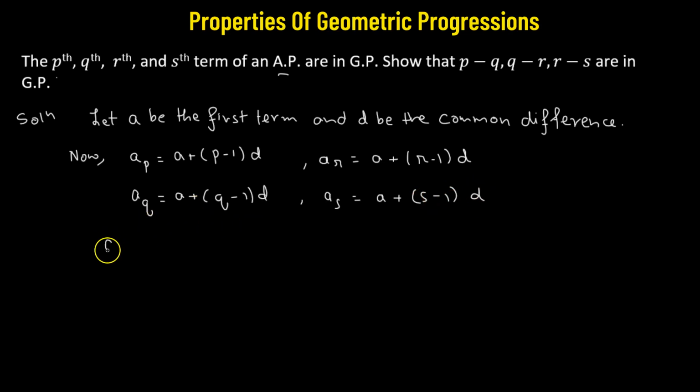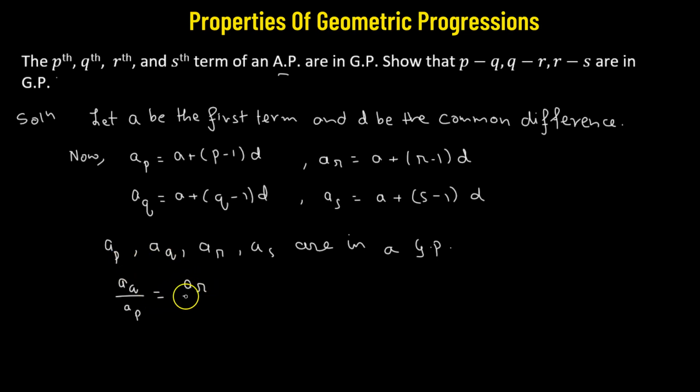Here it's given that these 4 terms, the Pth term, the Qth term, the Rth term and the Sth term, are in a geometric progression. So that would mean that AQ divided by AP, so we're dividing the second term by the first term, must be equal to the third term divided by the second term, which is equal to the fourth term divided by the third term.